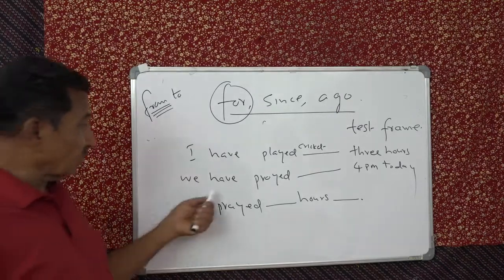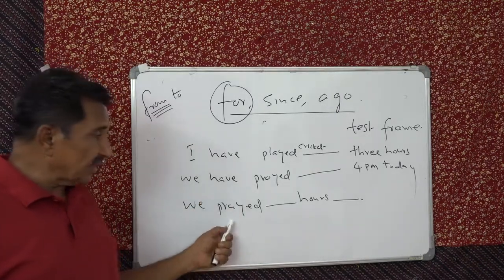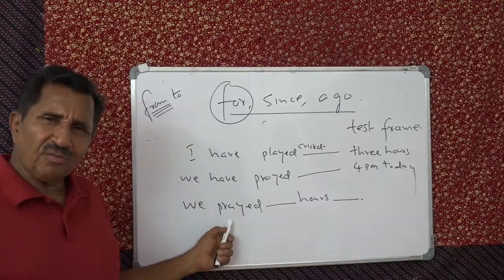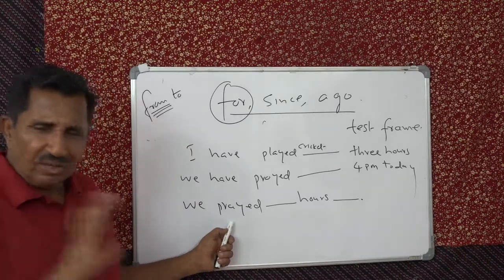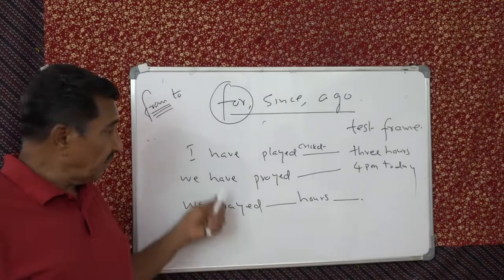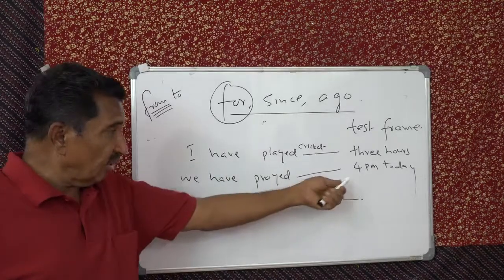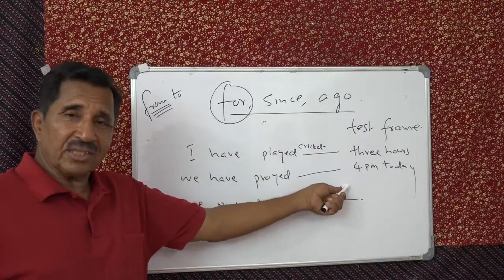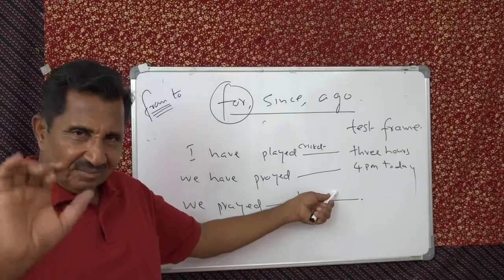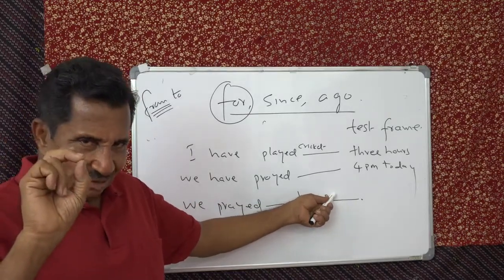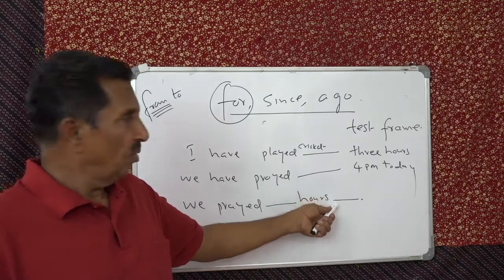And not only that, look at the tense. If there is past tense, there is no question of using for and since. Absolutely no question. If the tense is present tense, then you have a choice here. But that choice can be easily made. How? See, look at whether there is a definite time or no definite time.